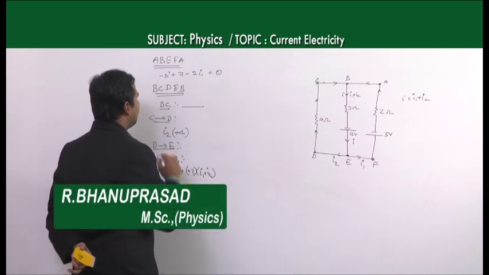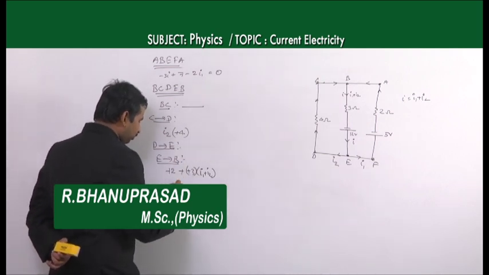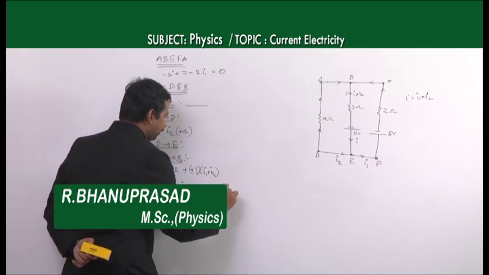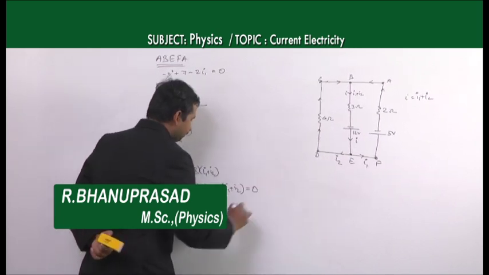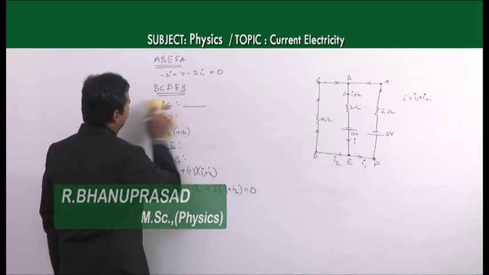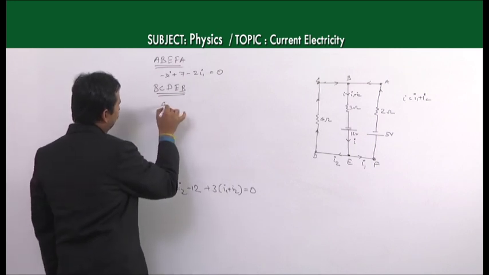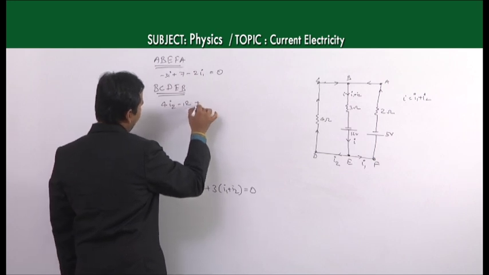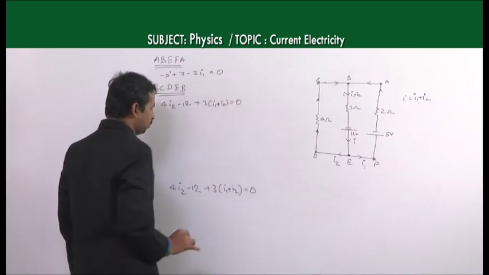So, finally for this BCDEB, we got 4 I2 minus 12 plus 3 of I1 plus I2. This is the equation we got, that is our second equation. 4 I2 minus 12 plus 3 of I1 plus I2 is equal to 0.